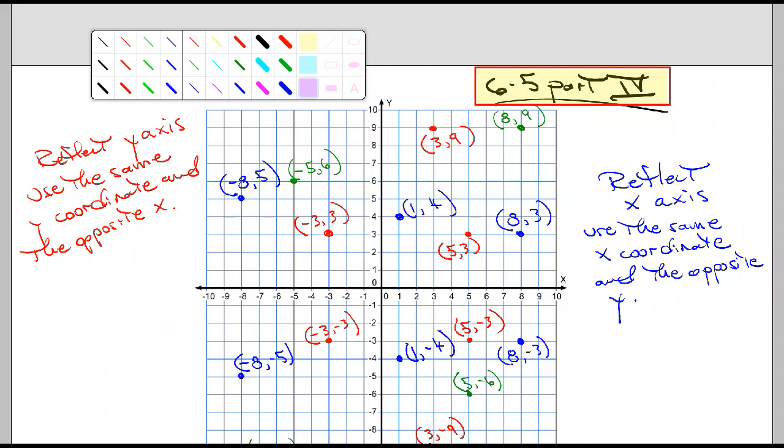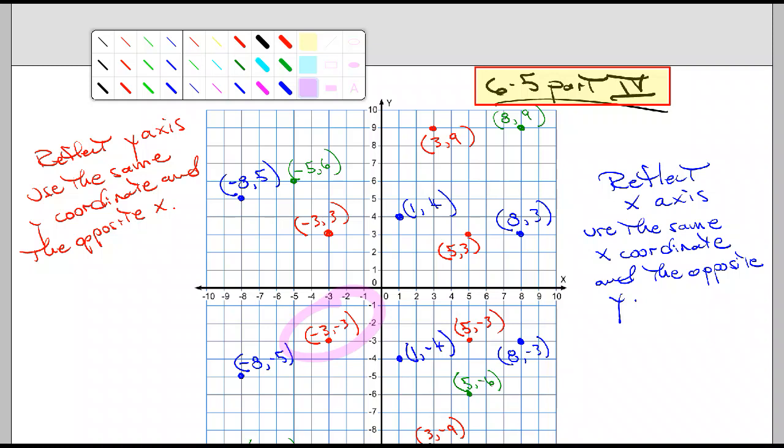So look at this one. Let's see, reflect the y-axis, use the same y-coordinate and the opposite x. So look at this one, for example. We have -3, -3. The x-axis stays the same, and the opposite y.